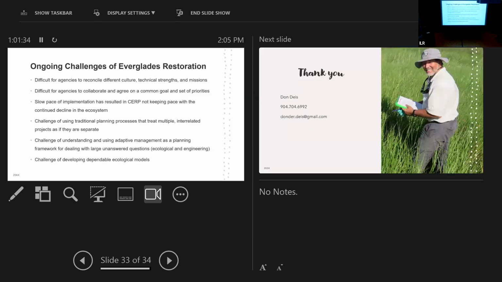So what are our challenges? I'll give you examples of each one of these because I've lived this. The first one is it's difficult for agencies to reconcile different cultures, technical strengths, and missions.